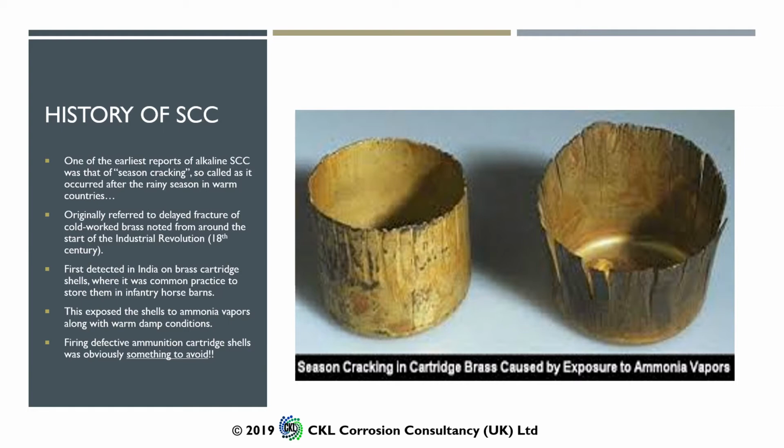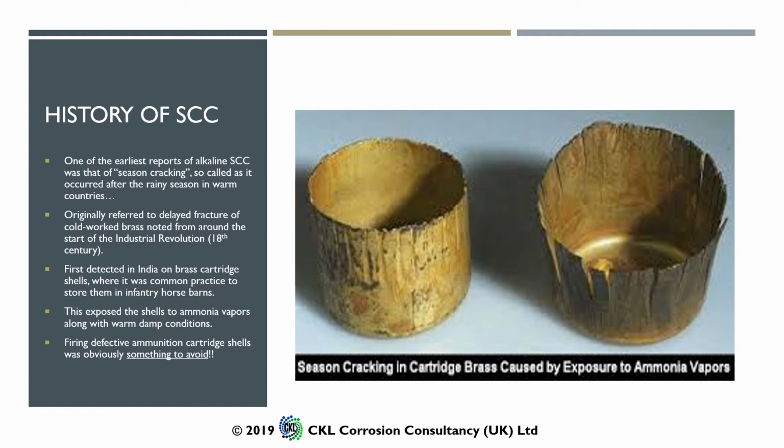In its original form, it referred to a form of delayed fracture that took place for cold worked brass, and it was noted around the start of the Industrial Revolution, circa 18th century. It was first detected in India, a warm, humid climate, and it was picked up on brass cartridge shells.